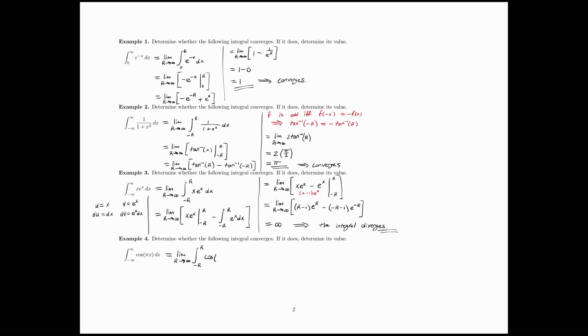And now that we have this integral, it's a definite integral. Sure, there's a limit in front, but we know how to handle this way more than something like this. Okay, so we can evaluate this limit, or excuse me, this integral, which would be 1 over pi sine of pi x between negative r and r.